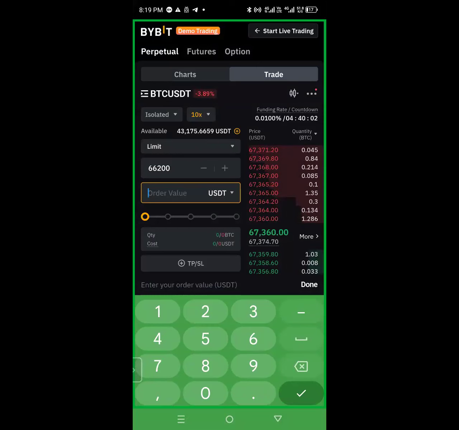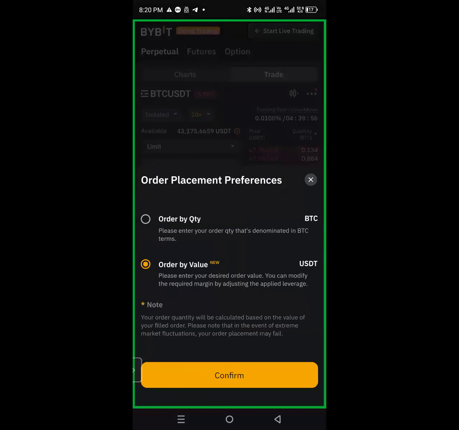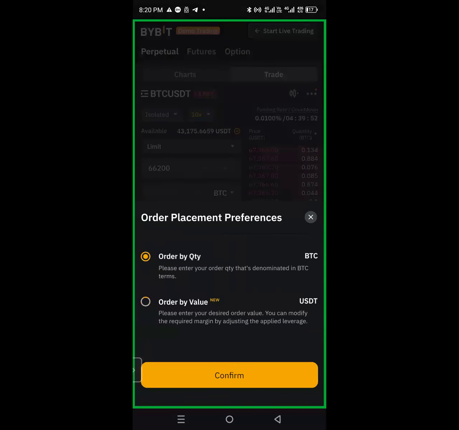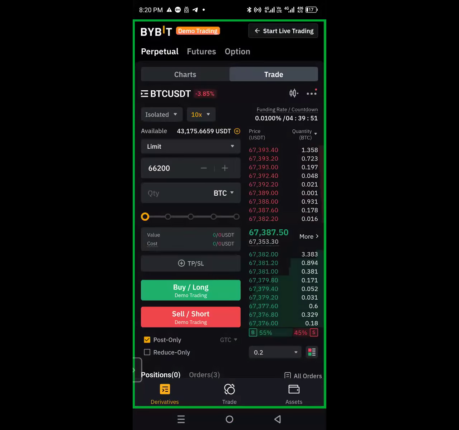Like in MetaTrader, that's where we use lot size. So yeah, the default setting would have been order by quantity. Let me change it to order by quantity. Yes, I missed the part, I'll go back there.